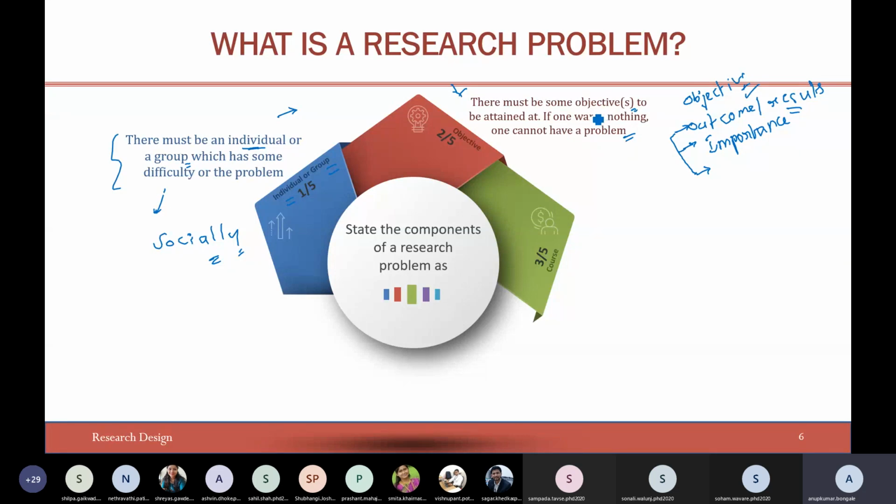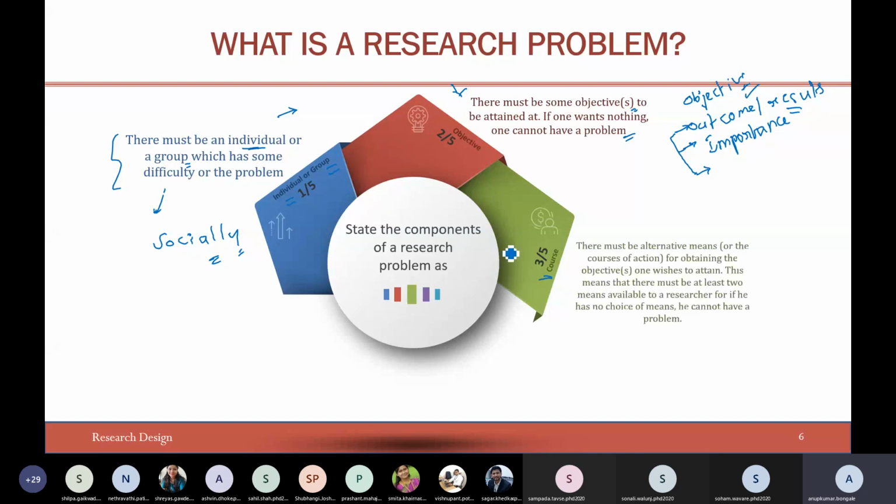Also there is another important point called course: there must always be alternative means, alternative courses of action for obtaining the objectives one wishes to attain. This means that there must be at least 2 means available to a researcher, for if he has no choice of means, he cannot have a problem.